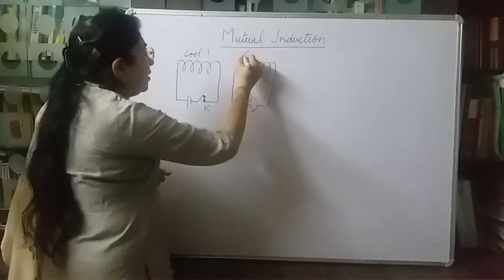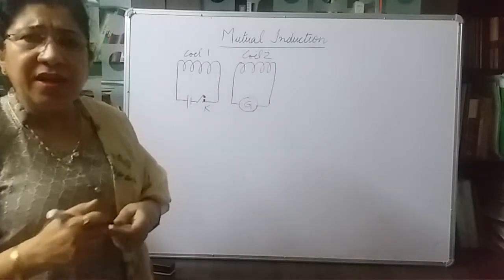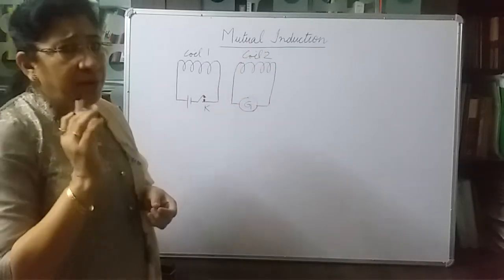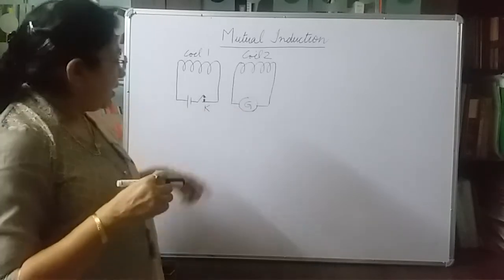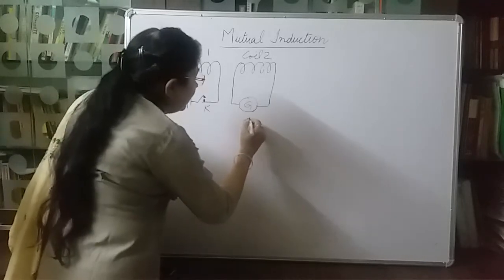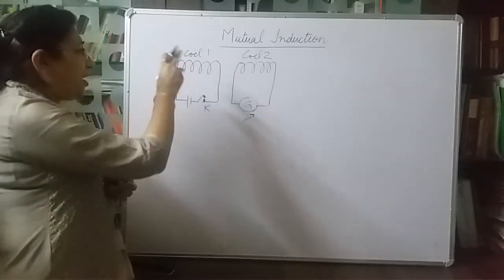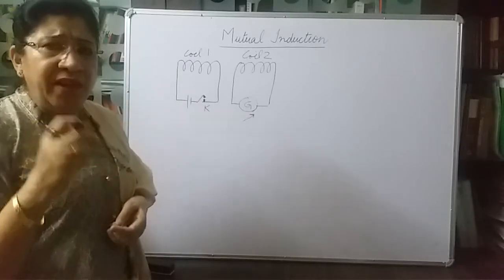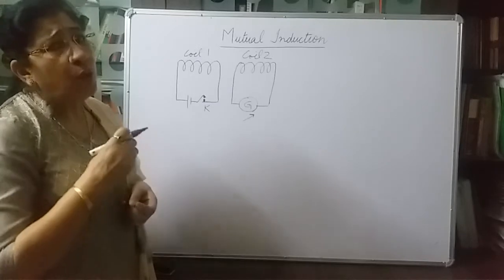You can see here in coil 2, we do not have any source of EMF. When we start conducting this experiment, when we press the key, at that moment we see that there is deflection in the galvanometer. Let the current flow through coil 1 and then we release the key. That is, we make the circuit open.